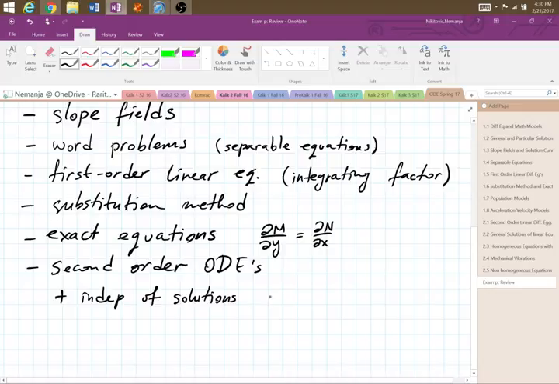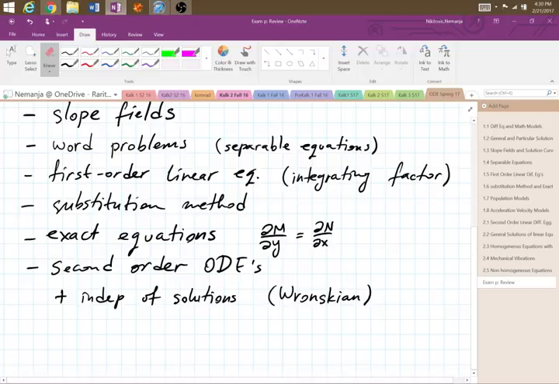I'll put Wronskian in parentheses, that way you don't run into issues. Independence of solutions, and then, well, actually that's it.